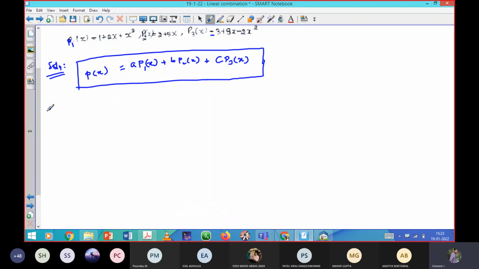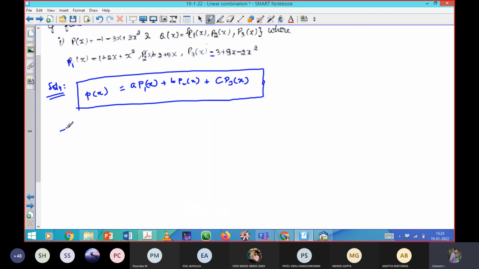Okay, so first we can write what P of x is. Minus 1 minus 3x square equals A into (1 plus 2x plus x square), plus B into (2 plus 5x), plus C into (3 plus 8x minus 2x square).